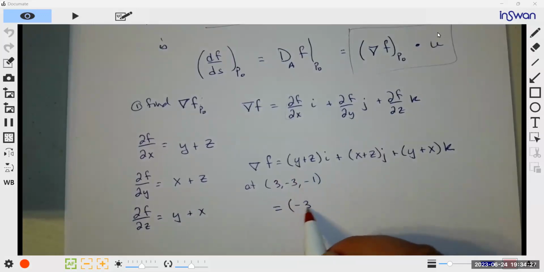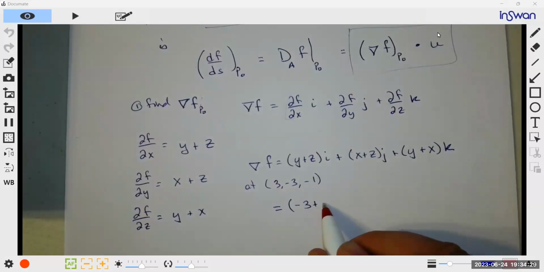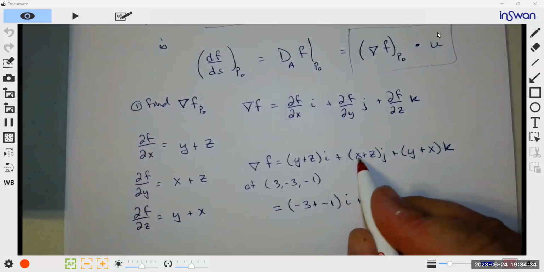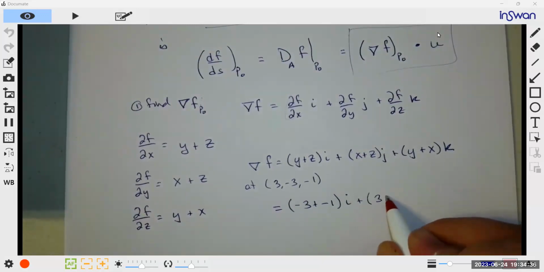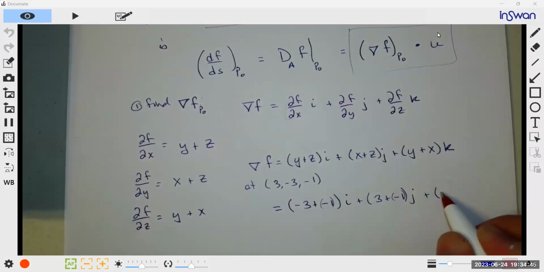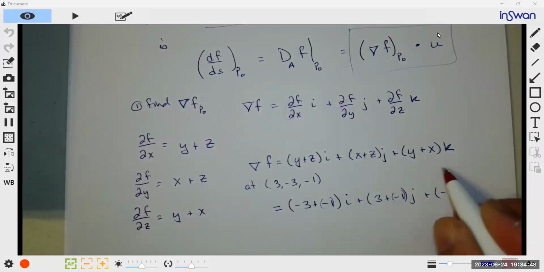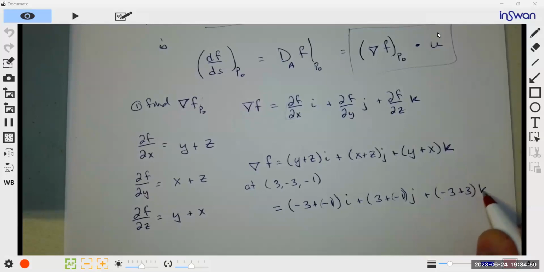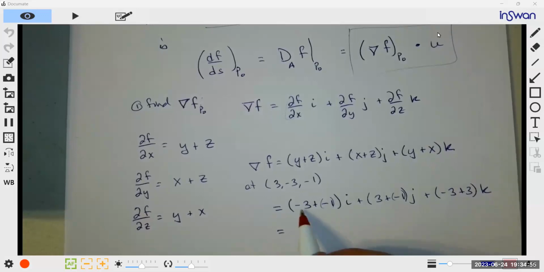Y is -3 plus -1. X is 3 plus -1, j. Plus -3 plus 3, k. -1, -3 plus -1 is -4, i.